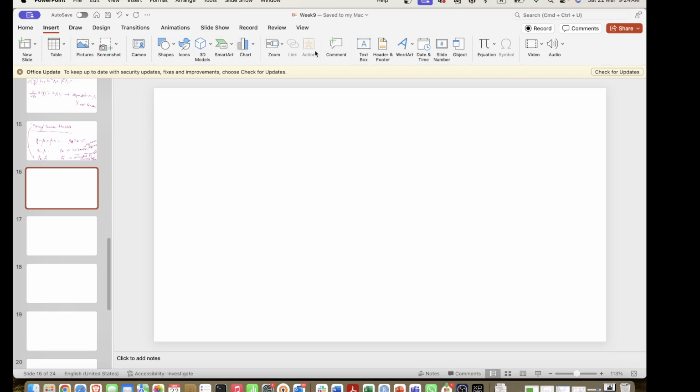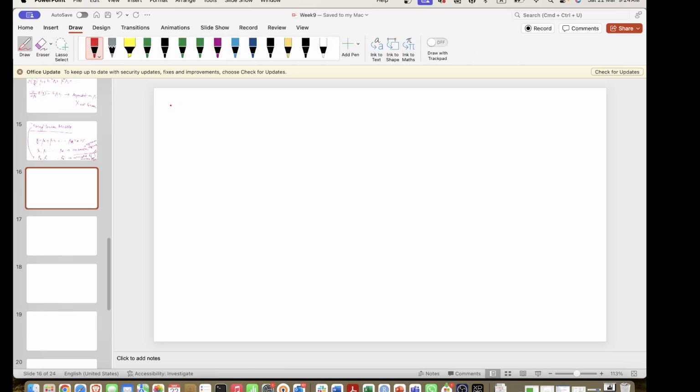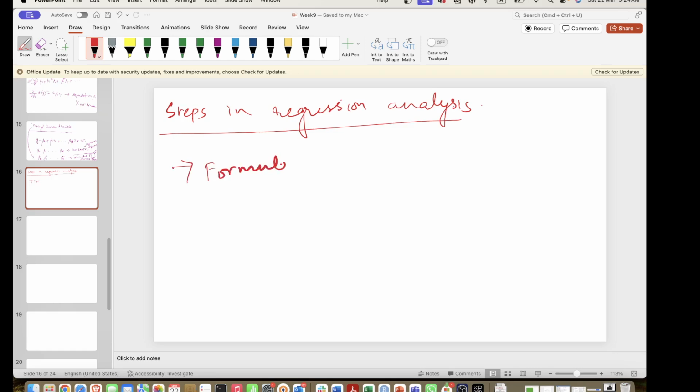Fine. So now that we want to infer the relationships, what are the major steps in regression analysis? So majorly we need to formulate the problem or a statement which we are trying to address.